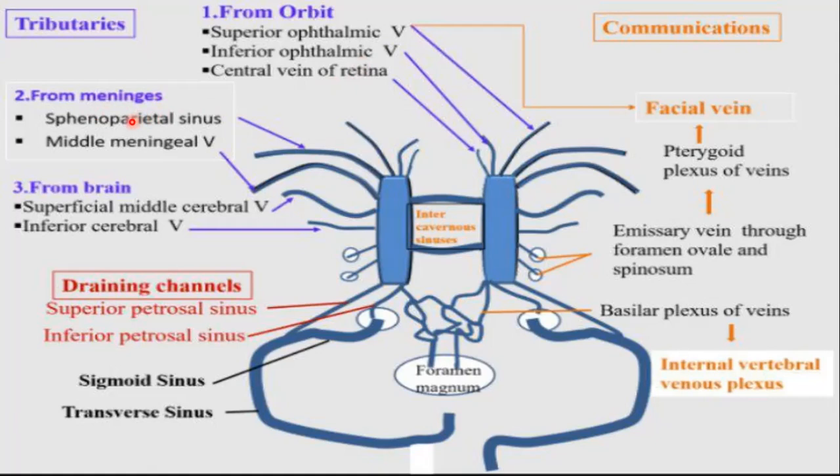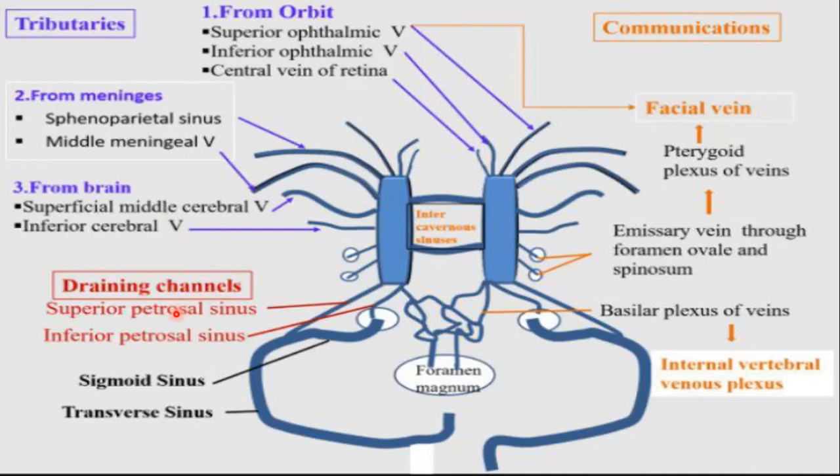Now, from the meninges, you have the sphenoparietal sinus and the frontal trunk of the middle meningeal vein if it does not drain into the pterygoid venous plexus. But the frontal trunk can also drain first into the sphenoparietal sinus, then eventually into the cavernous sinus. Now, from the brain, we have the superficial middle cerebral vein and some few inferior cerebral veins.